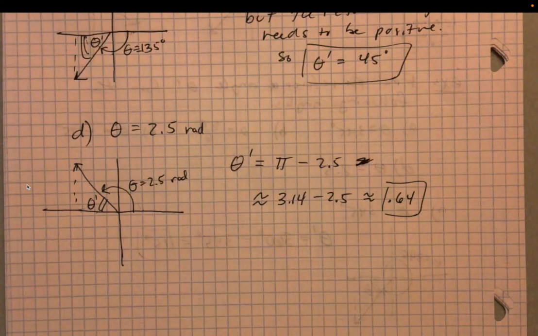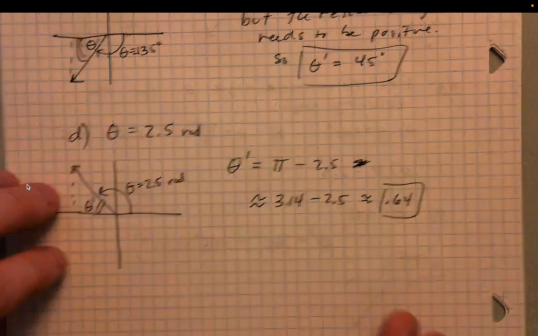Right, so the reference angle in this case is approximately 0.64. If you wanted to say it precisely, you'd say it's pi minus 2.5. That's a precise reference angle, but if you want to put it as a single decimal number, you could write it as approximately 0.64. Okay, very good. All right, so that's how we find reference angles.